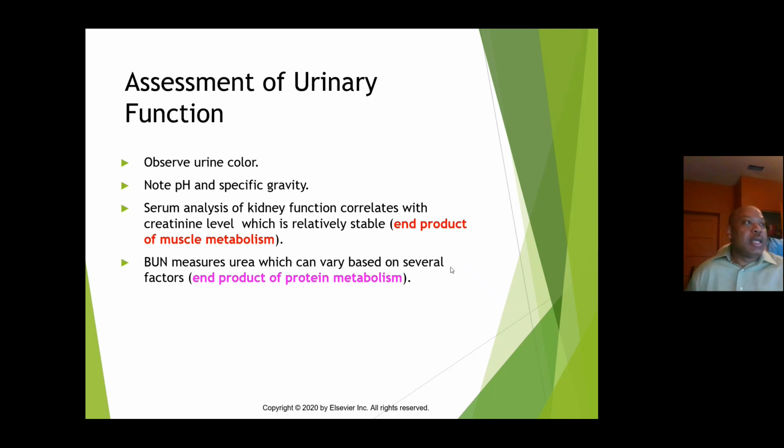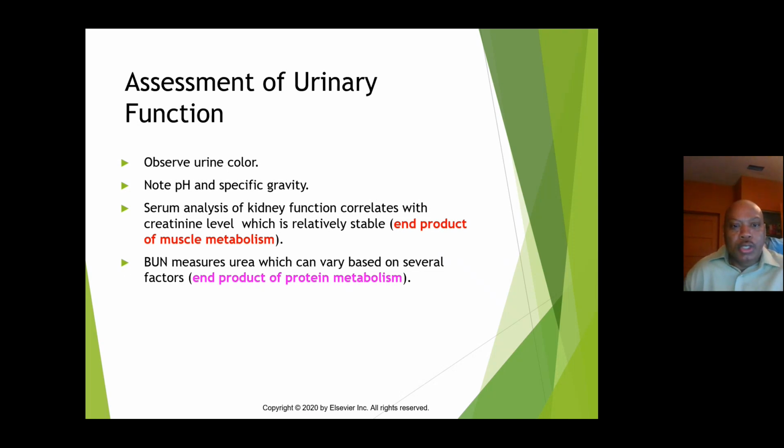Creatinine is the end product of muscle metabolism, whereas the BUN is the end product of protein metabolism. Although we do check both, creatinine will be what is most significant here. That information is on page 697.